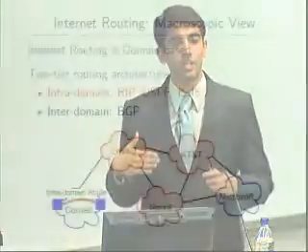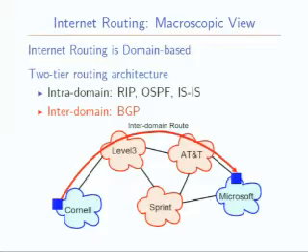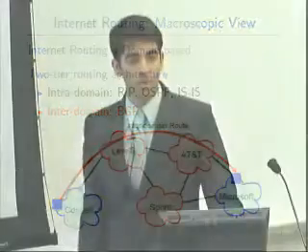These could be ISPs like AT&T and Sprint, and enterprises like Microsoft, and university networks, and so on. Such domains lend themselves nicely to a two-tiered routing architecture, wherein you have intra-domain routing to establish routes within a domain, and inter-domain routing to establish routes between domains. On the internet, BGP serves as the de facto inter-domain routing protocol. And BGP is what the rest of this talk is about.